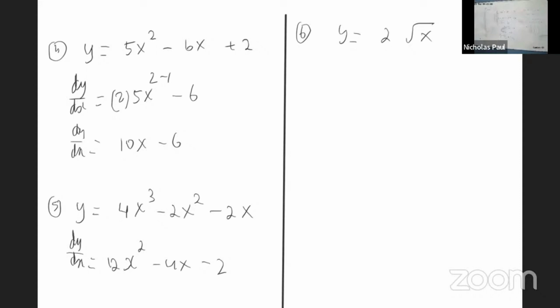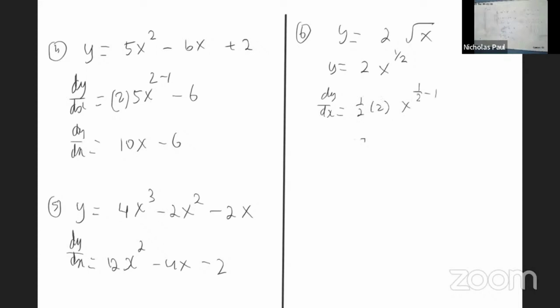All right, let's see what you got. So you have y is equal to 2x to the power of a half. Square root means to the power of a half. So therefore, dy dx is equal to, bring down the half, write back the 2, and minus 1 from the half.